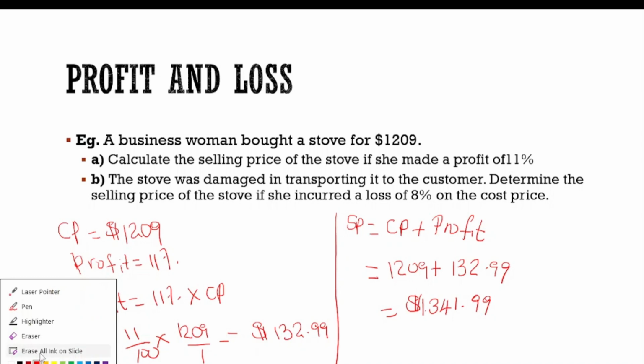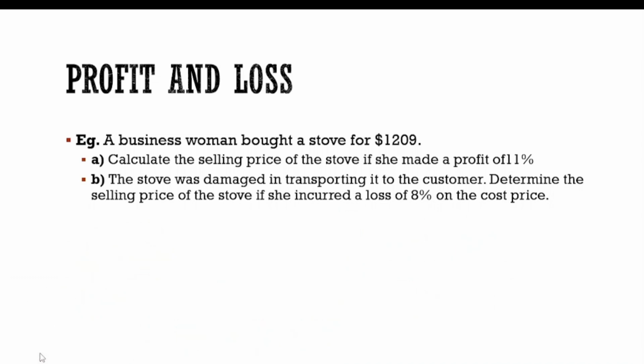Now in part B, the stove was damaged in transporting to the customer. Determine the selling price of the stove if she incurred a loss of 8% of the cost price. So again, you write the information that you have. We know that the cost price of the stove was $1,209.